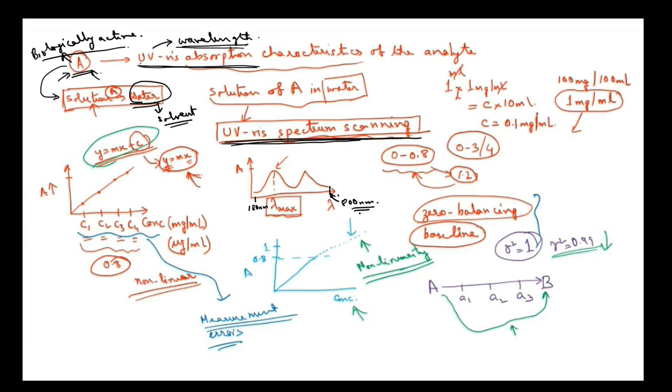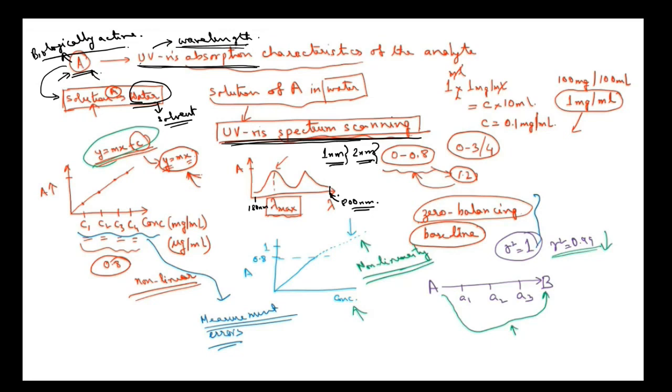Now, when it is doing the scanning, it may change the wavelength by 1 nanometer resolution. That means after 180, there will be an increment of 1 nanometer. You can change the setting to say 2 nanometer, depending upon what kind of scanning you want.